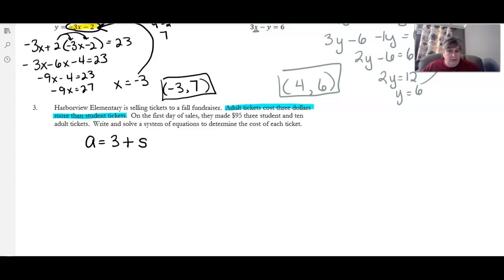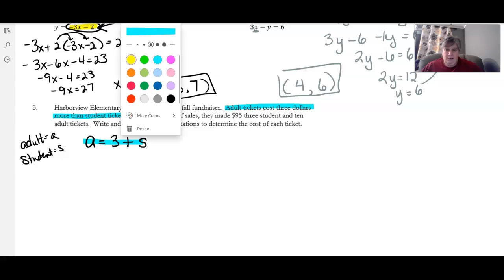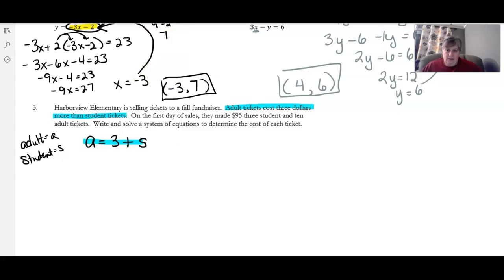So adult tickets we're using as an A, and student we're using as an S. Okay, let's look at the next equation. And I'm going to highlight this so we know that's where the first equation came from. Okay, let's look at the next statement. The next statement says, on the first day of sales, they made $95. I'm missing a word. I'm missing the word selling.